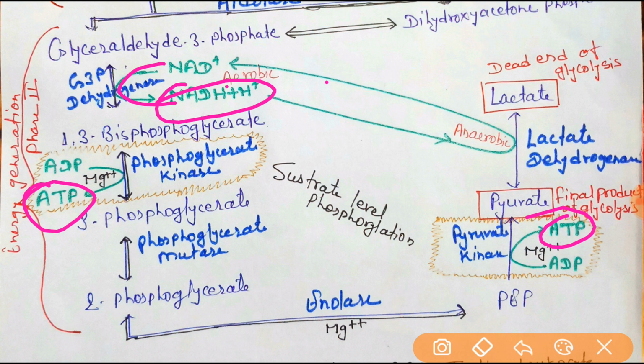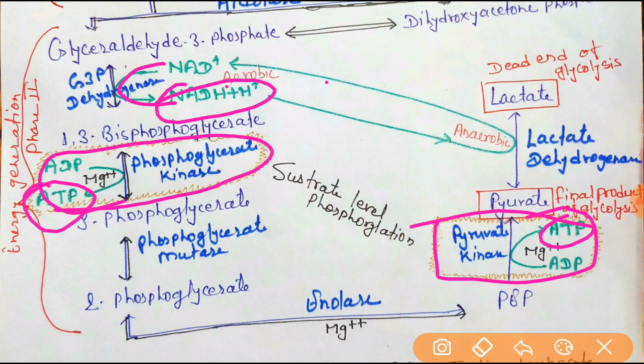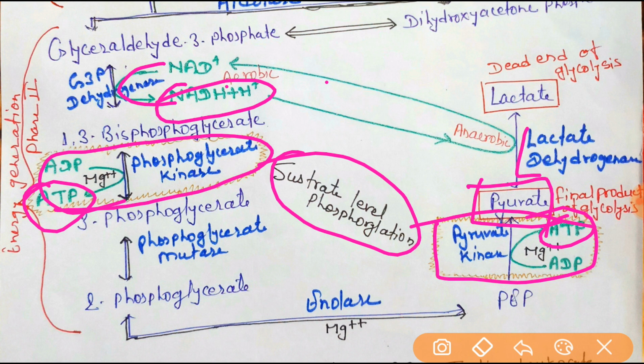ATP is formed in this stage, so this is also known as substrate level phosphorylation. In presence of oxygen, only pyruvate is formed, while in absence of oxygen, lactate dehydrogenase is activated and it forms lactate.